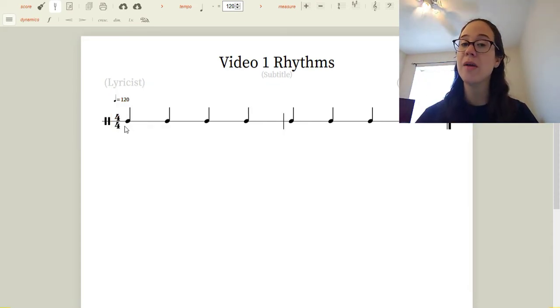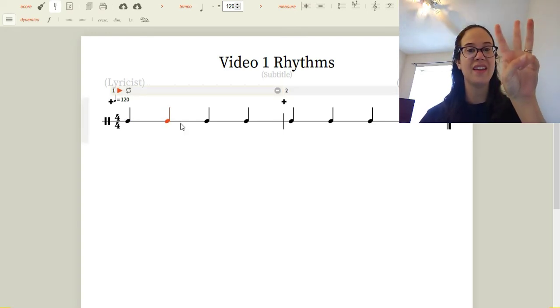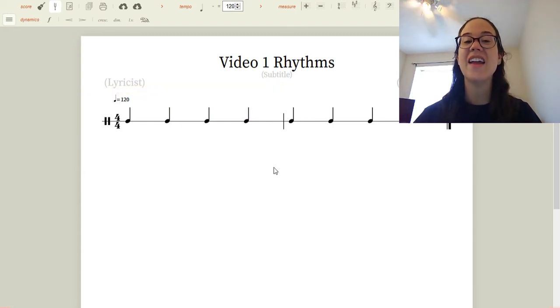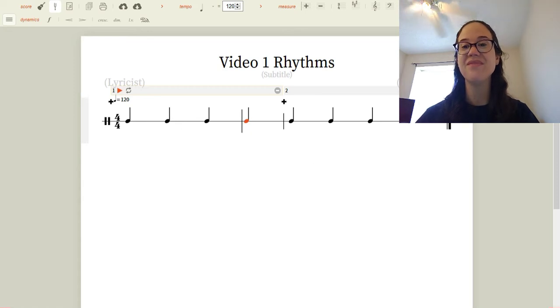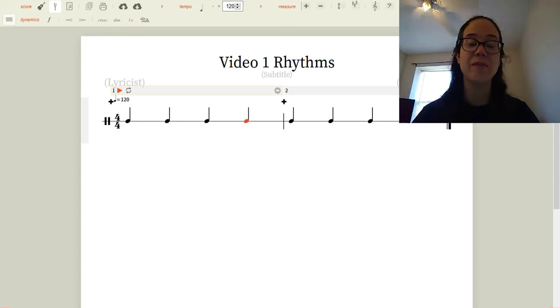And we count them with numbers. So beat 1, we would say 1, we would say 2, 3, 4. Now this type of note that we're looking at, which is filled in, it is specifically a quarter note because it takes up 1/4 of the measure.